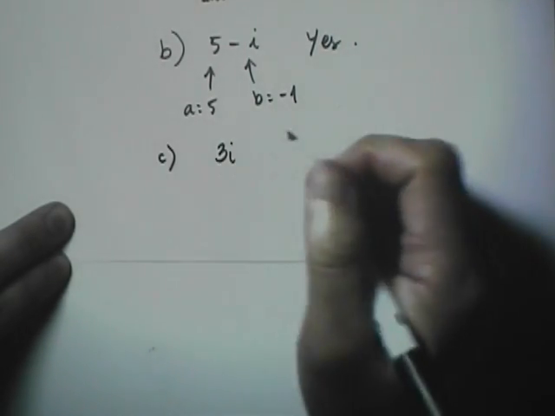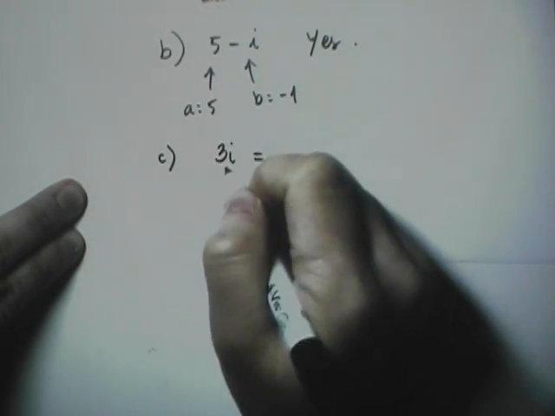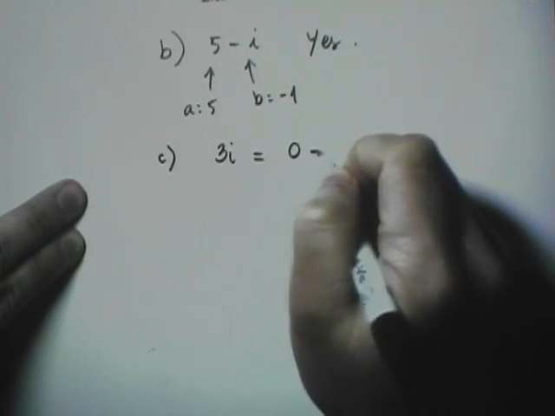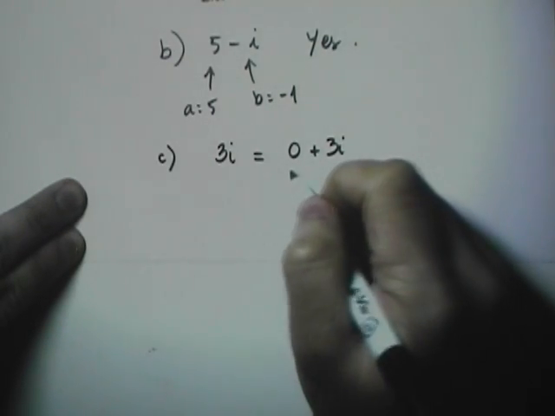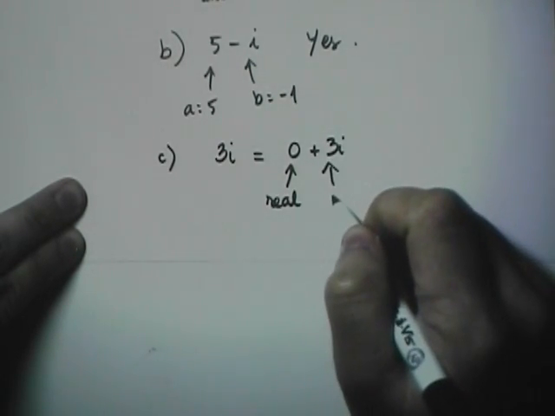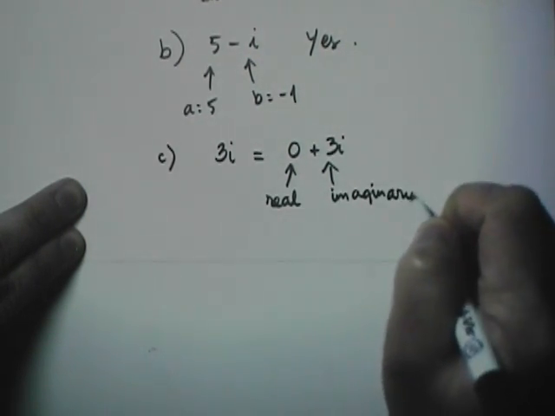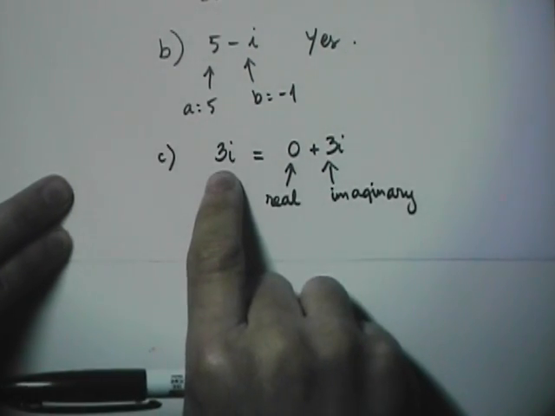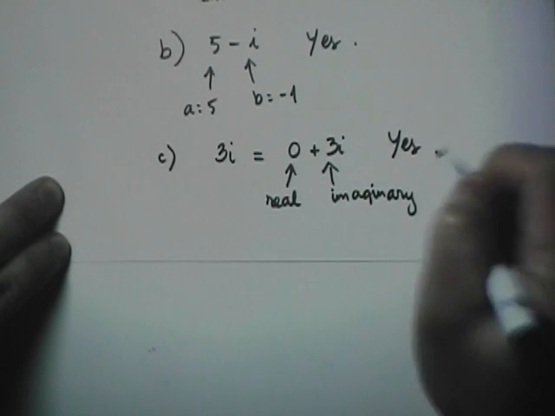But the truth is that 3i is the same as 0 plus 3i. Now I am seeing my real component, which is 0, and my imaginary component is 3. So even though you don't see the real component, 3i is still also a complex number.